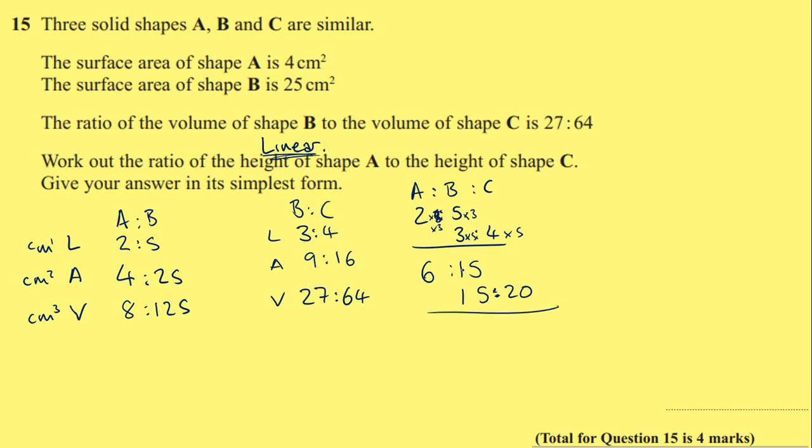So if the height of A was 6 and the height of B was 15, well, given that the height of B is 15, the height of C must be 20. So actually, A to C are in the ratio 6 to 20. That's not simplest form. Don't do all this work and then accidentally miss off a pretty basic thing. Divide both sides by 2 and you'll get 3 to 10.